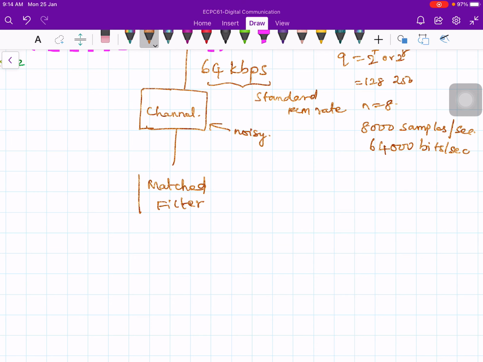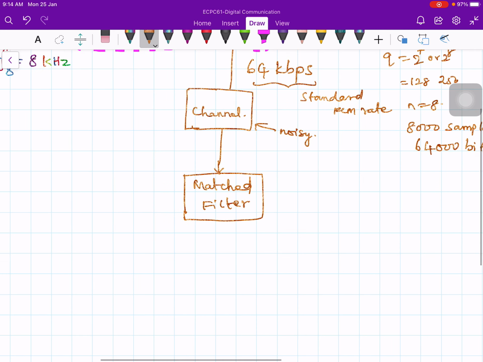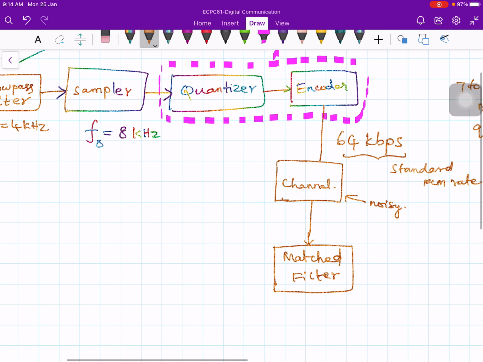We will discuss the operation of the matched filter in detail as we go along in the course. In fact, this diagram could be that of the receiver at the final destination, or you can even use it at the repeater for re-quantizing the signal and retransmission. It is not necessarily going to be at the receiver alone.